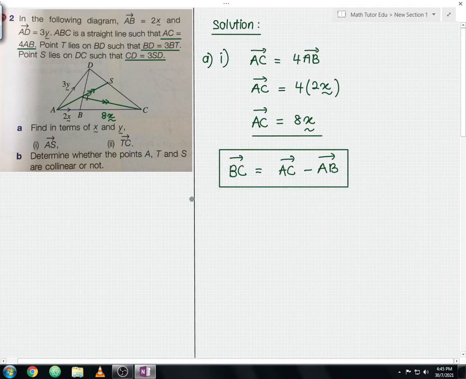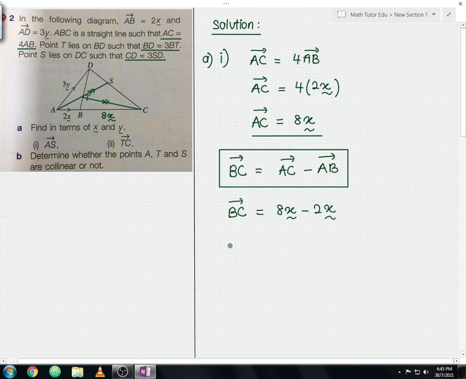So from here, to find the vector BC will be equals to, vector AC we have already found, which is 8x. And then vector AB we have already been given in the question, which is 2x. So 8x minus with 2x.